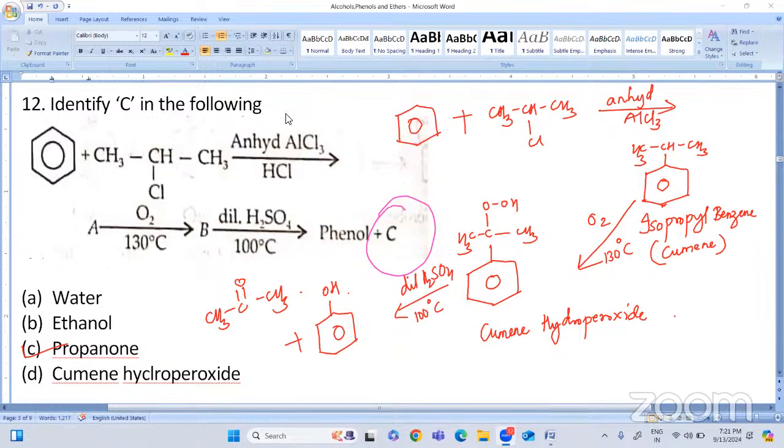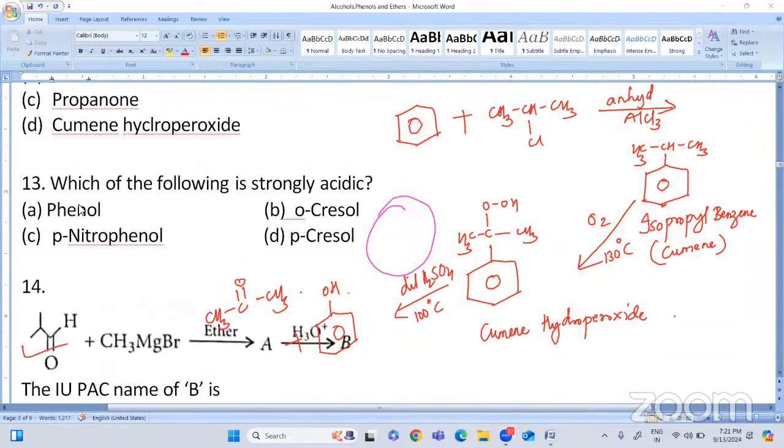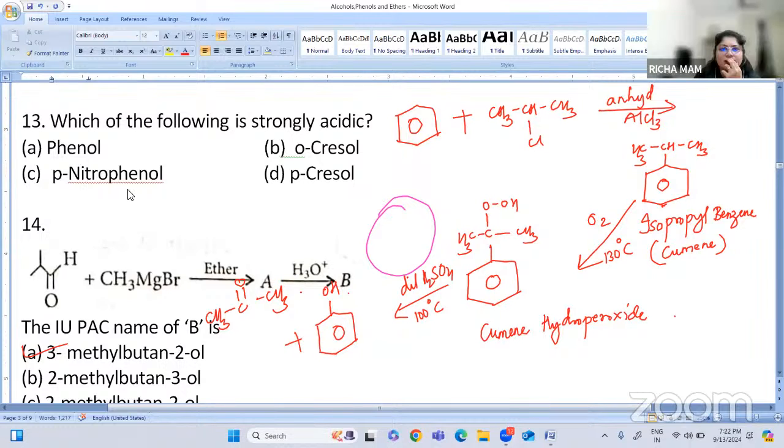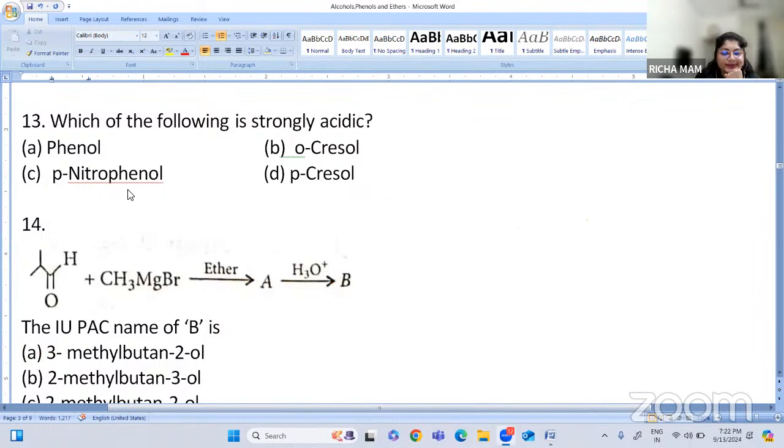Okay, fine. Last question. Which of the following is strongly acidic? A. Phenol, B. Orthocresol, C. Paranitrophenol, and D. Paracresol.